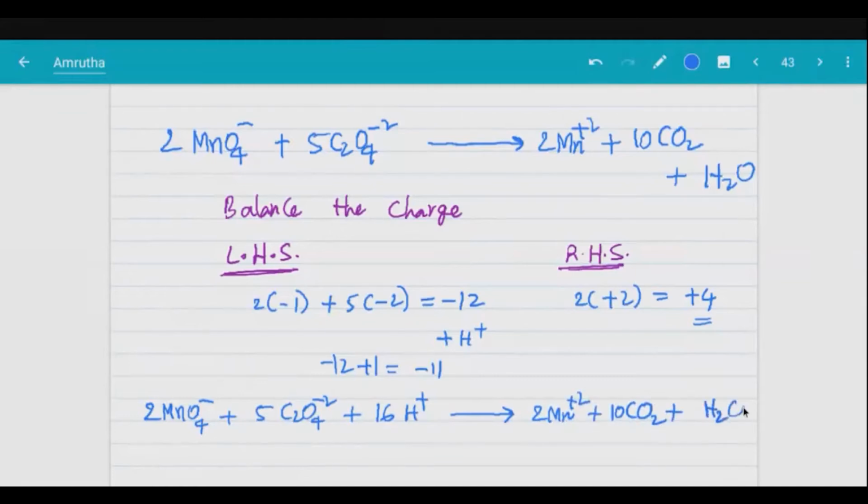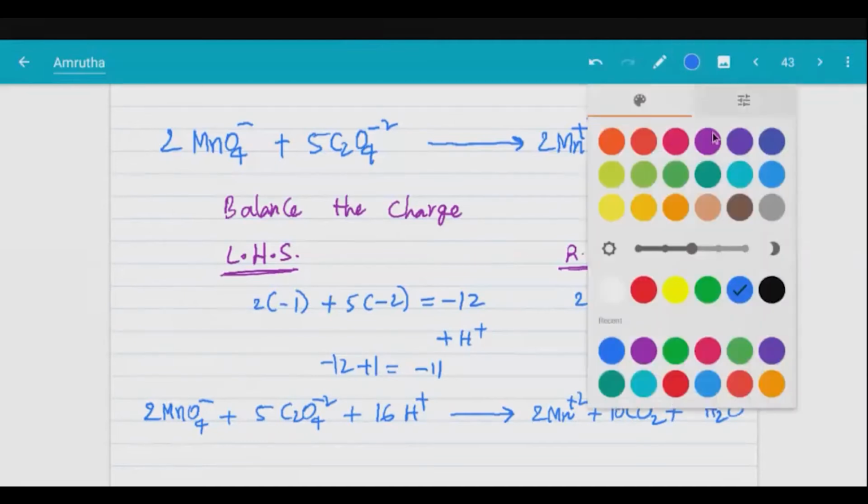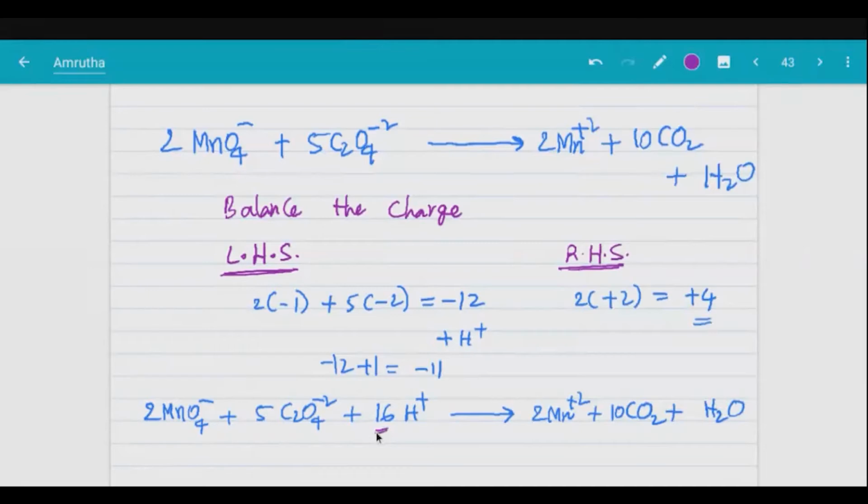Sir, we have not balanced oxygens. Yes, I know. Okay. First, balance hydrogens. Very simple way, oxygens will automatically get balanced. How can we balance hydrogens? There's 16 H plus. How many hydrogens are there on the right? 2 are there.